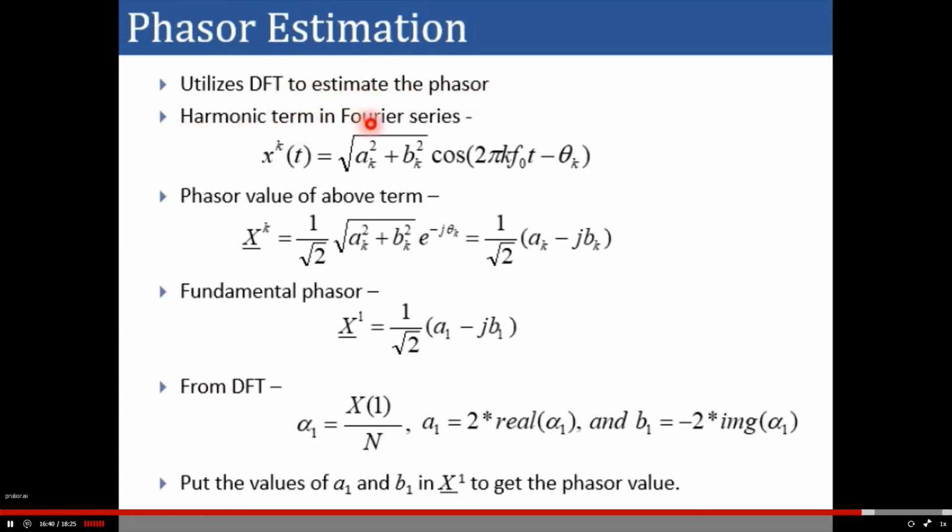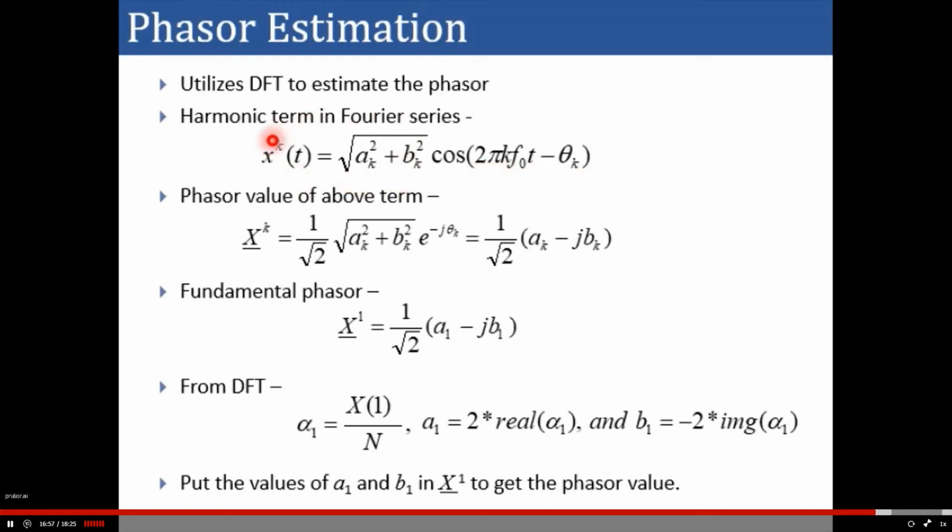The harmonic term in the Fourier series, as we saw in the previous slides, we can write x_k(t) as nothing but root of a_k square plus b_k square cos of 2 pi k f naught t minus theta k.